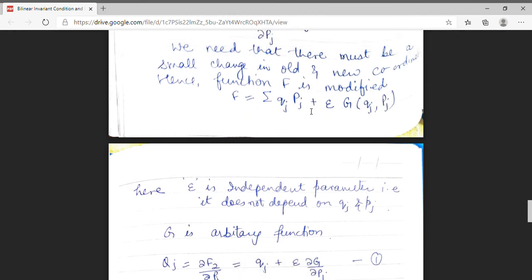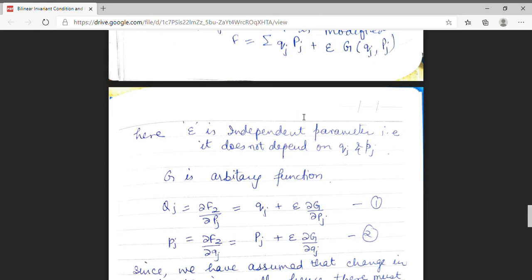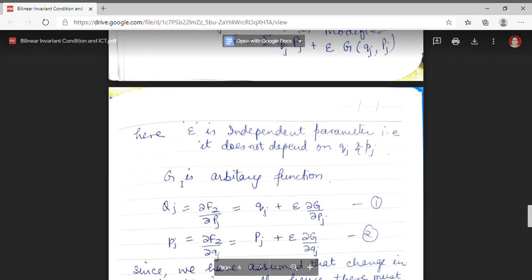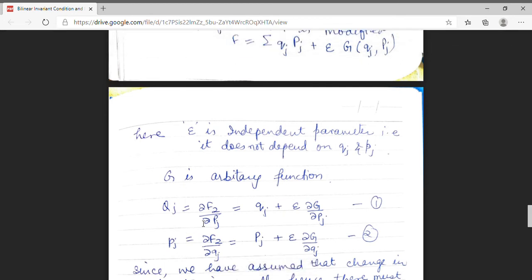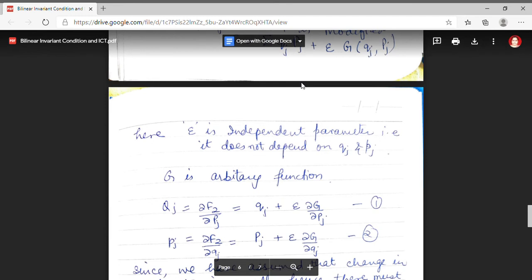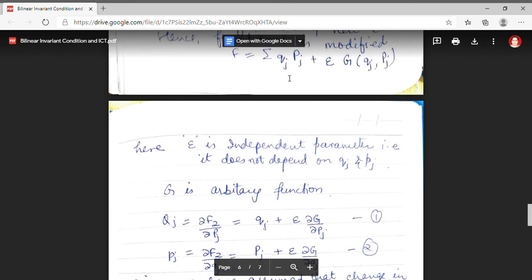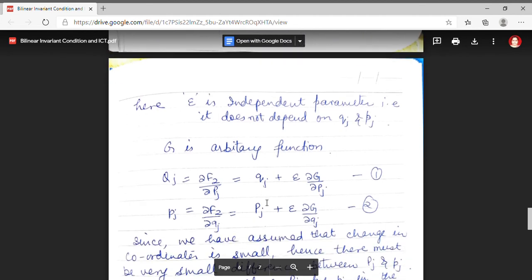Since it depends on small q and capital P, again I am solving the transformation equations of the second form. The transformation equation is capital Qj equal to del F2 upon del capital Pj. Differentiating my expression, I get small qj plus epsilon del G upon del capital Pj. Similarly, the second expression.